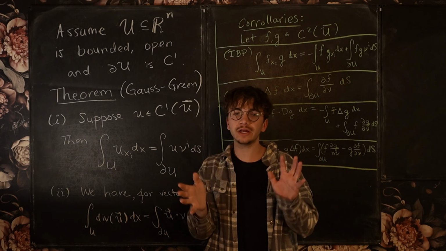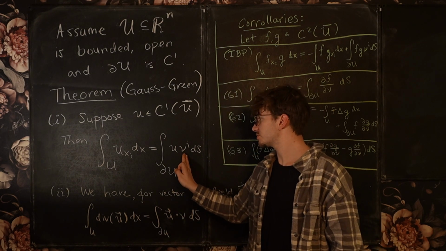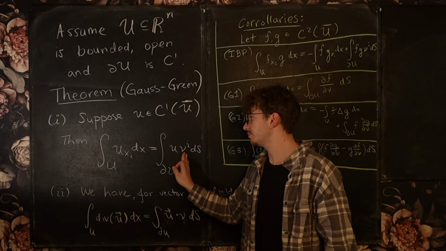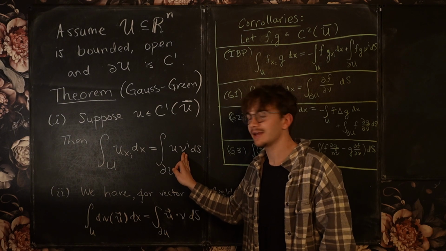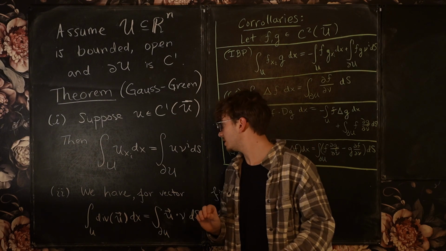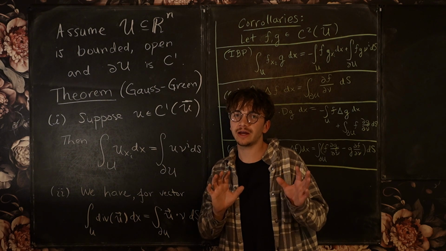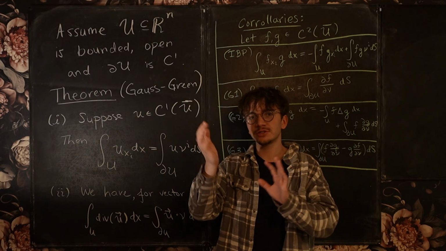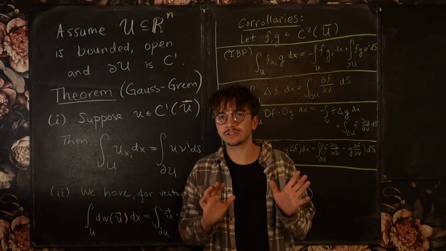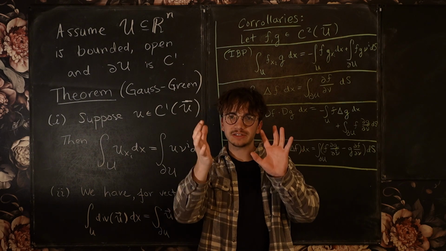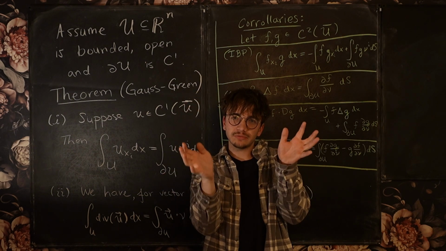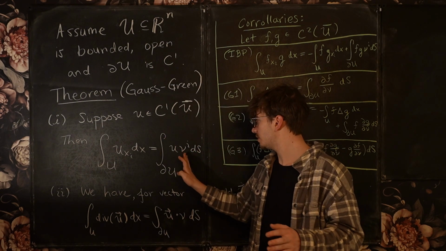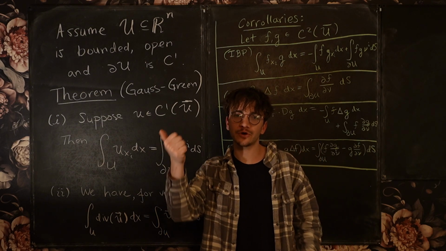So picture the boundary, and then this script V here, I'm not sure of the exact correct terminology for this lettering, but just take it to be a script V. It's denoting the outward normal vector to the boundary of my set U. So if I picture my set in three-dimensional space, for visualization, the boundary is some surface, and at each point on the surface, this nu encodes the outward normal vector.